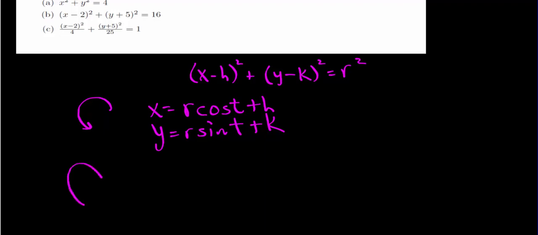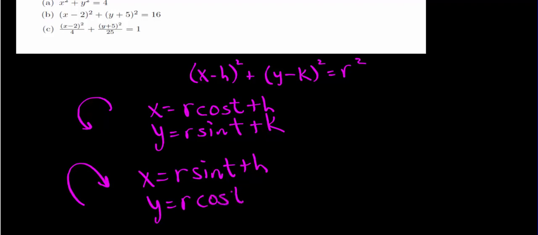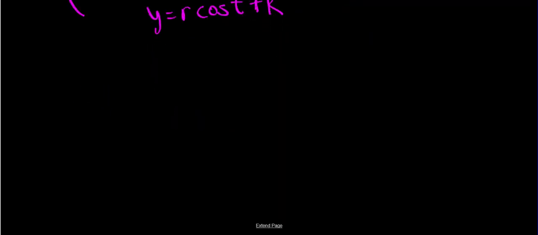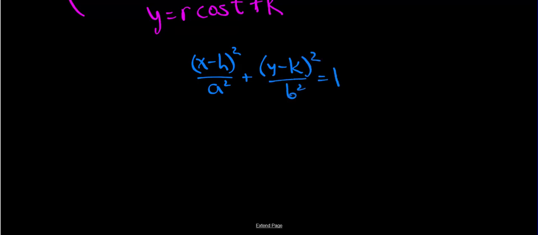Now, if you go the other way, just switch those. x is equal to r sine t plus h, y is equal to r cosine t plus k. Sorry, plus k. So that's the way you deal with the circle. Now, if you have an ellipse, so let's suppose we have (x minus h) squared over a squared plus (y minus k) squared over b squared equals 1.